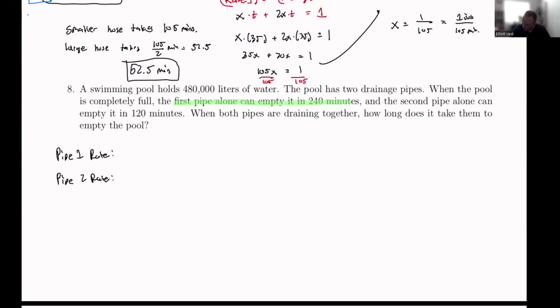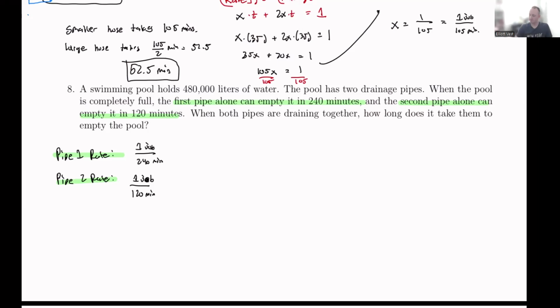The first pipe alone can empty in 240 minutes. So it can finish the one job in 240 minutes. The second pipe alone can empty in 120, so it can do the one job in 120 minutes.